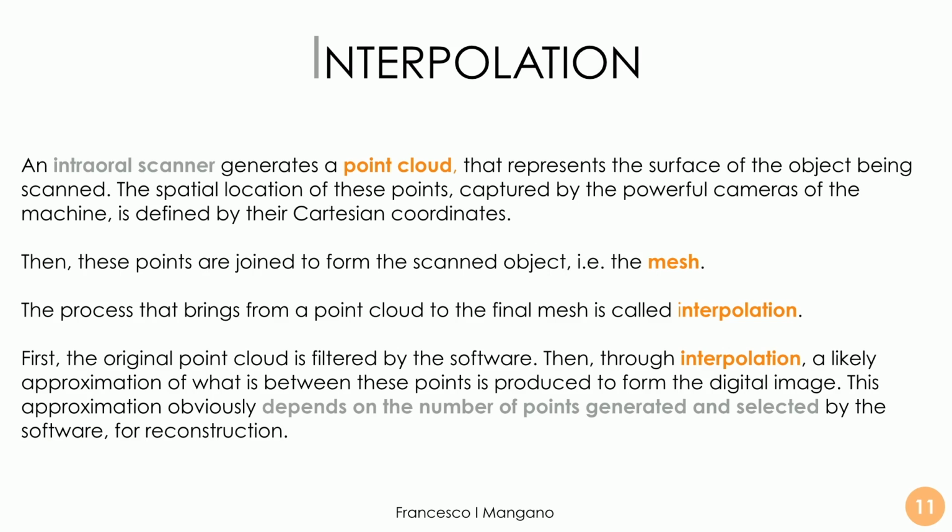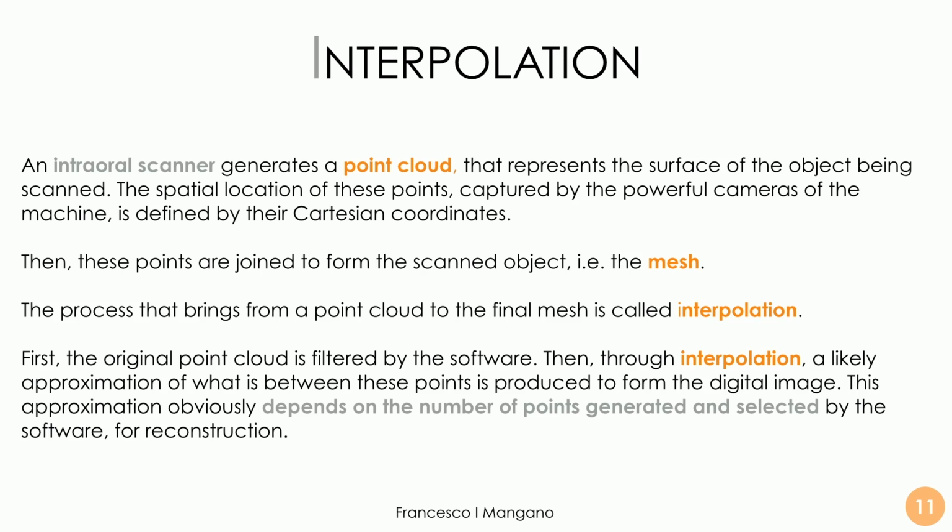After the pre-processing, the object is recognized, and we have this transformation from a point cloud to a mesh that is called interpolation, and it's very important. It's probably the most important part handled by the software.